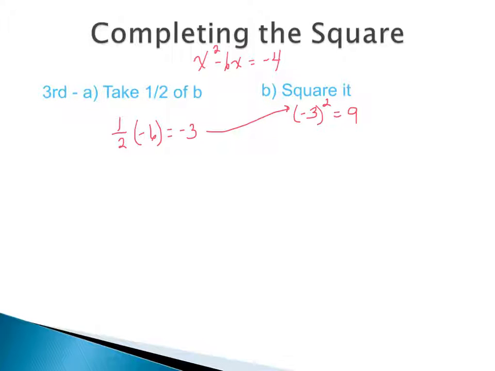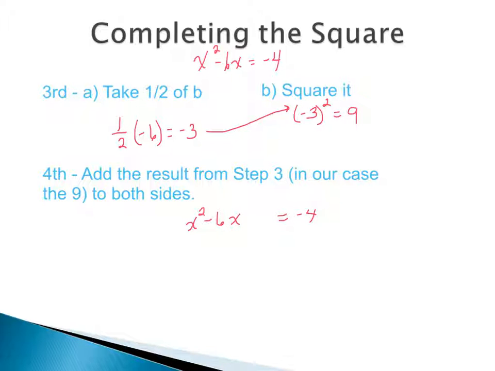The reason for doing this is that we have our current quadratic equation of x squared minus 6x equals negative 4, and this 9 that we just found helps us to complete the square. So our next step is that we're going to add that 9 to both sides of the equal sign.